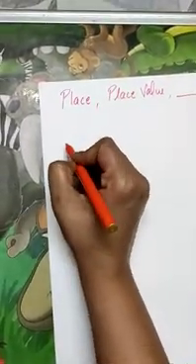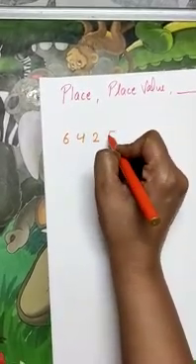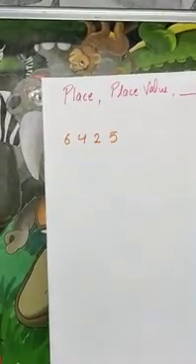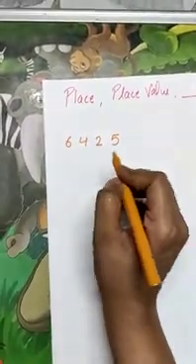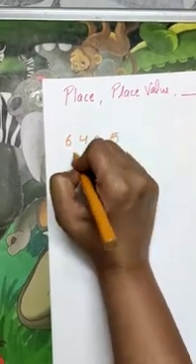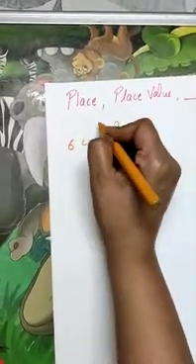Suppose I have this number 6, 4, 2, 5. If you remember in the notebook also, every time whenever we are writing a number, we write the places on top.